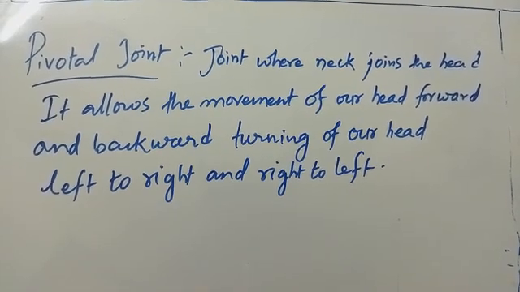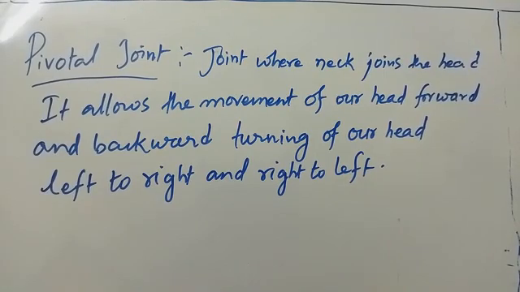What is the difference between a ball and socket joint and a pivotal joint? With ball and socket joint, rotation of our arm in a circular motion is possible. Whereas with pivotal joint, rotation of our head in a circular fashion is not possible.